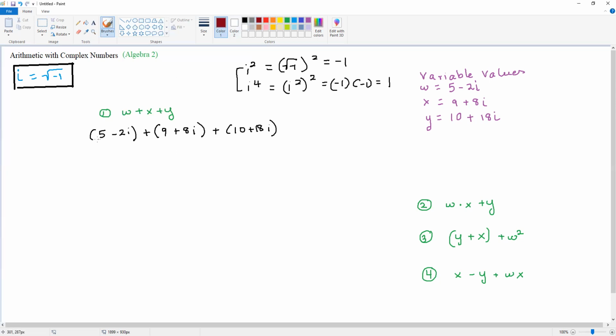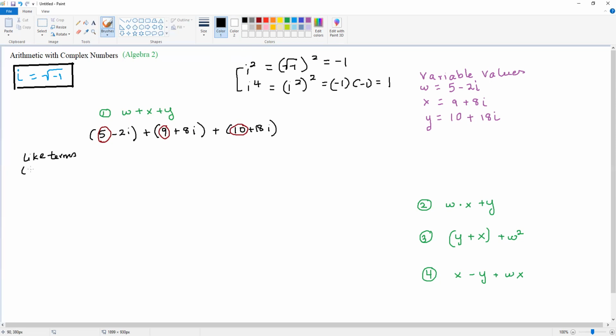Okay, so to simplify it, we can first combine the constant terms. So that would be 5, 9, and 10. Again, the terms that I circled in maroon are like terms. So on the side, I'm going to write like terms.